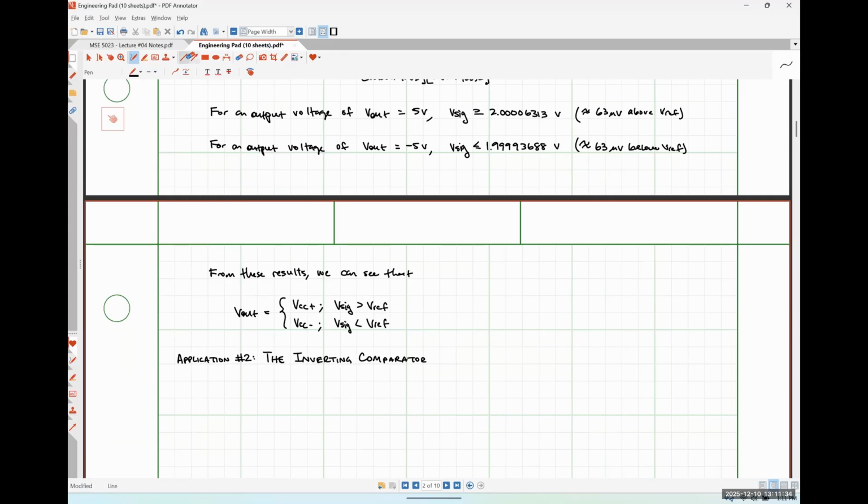We're not going to go into as much detail on the derivation side of things here because I feel that it's largely unnecessary, and you'll see why in a moment.